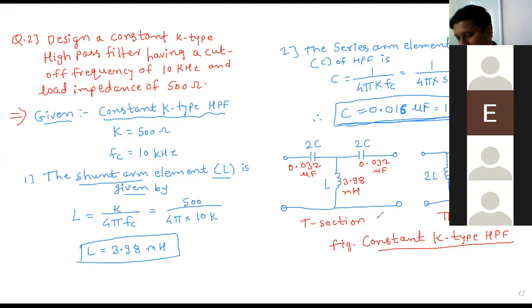So the theoretical part is too much in case of band pass filter. So today, tomorrow or in the next lecture, we can start the constant K type band pass filter. One derivation we have to consider, then numerical examples, and after that constant K type band stop filter.